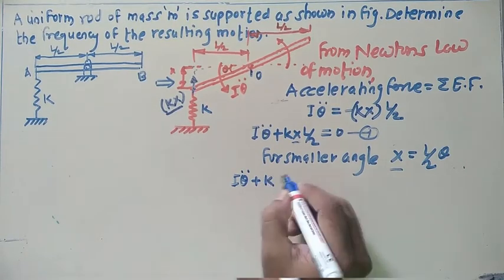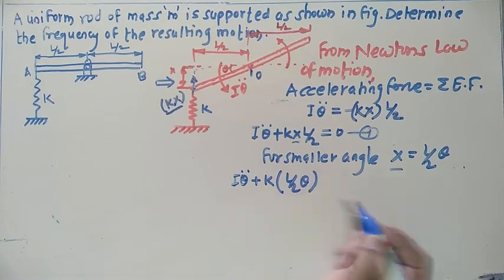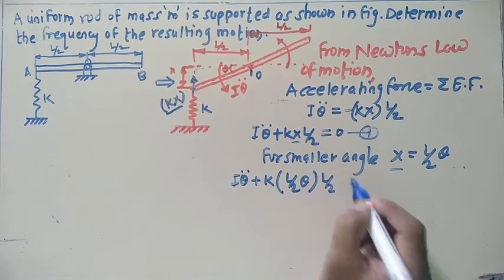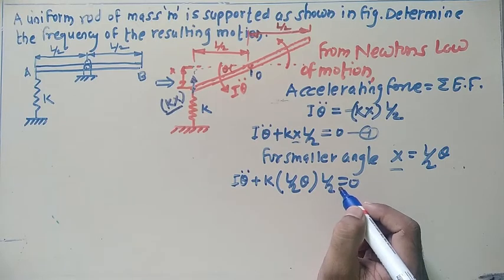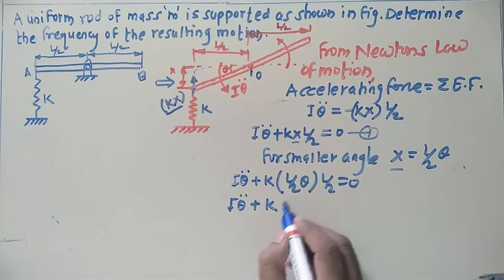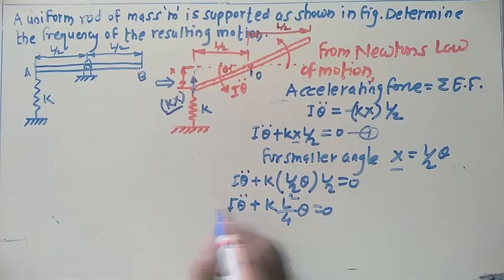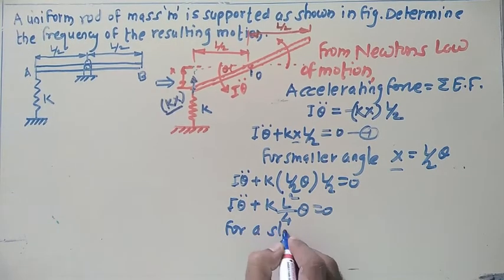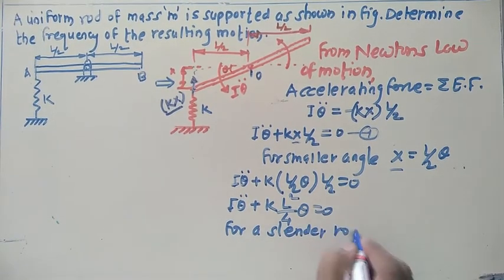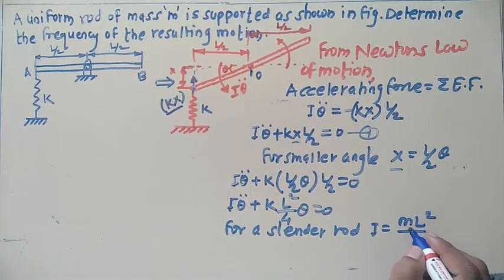It is modified like this: k into x, that is L by 2 into theta, and again the L by 2 comes here, equals 0. Simplify: I theta double dot plus k L square divided by 4 into theta equals 0. Now for a slender rod, we know I is ml square divided by 12.